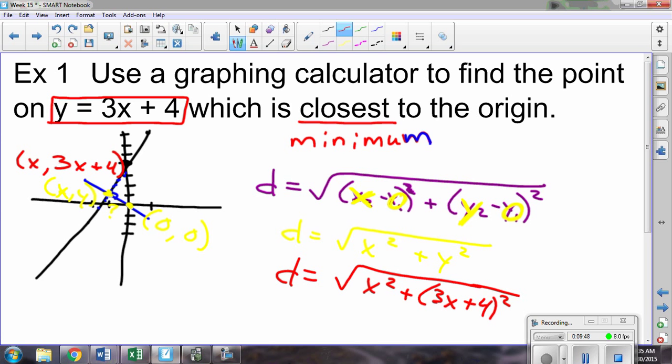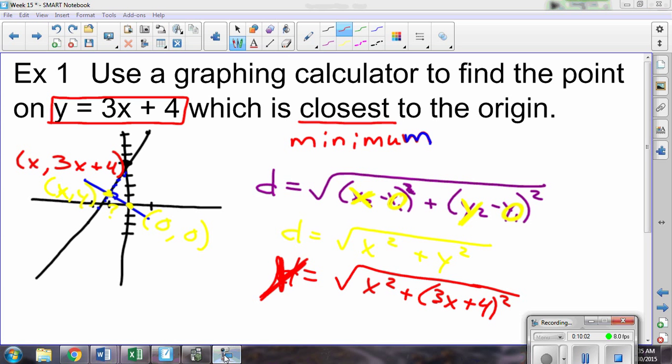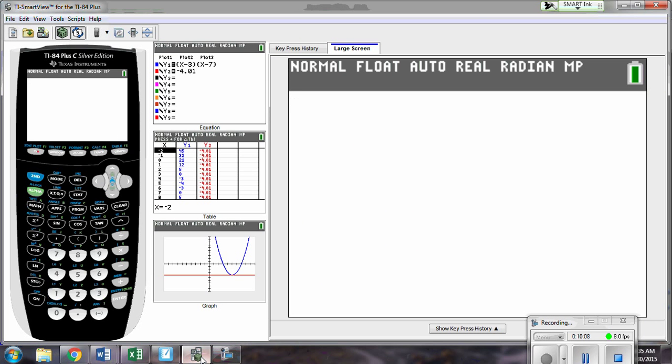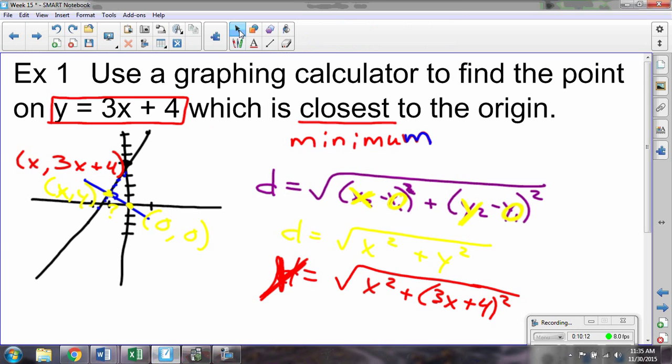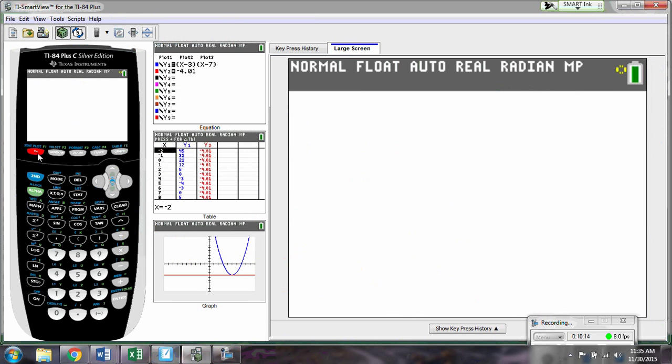Of course, we know that the calculator does not accept equations of the form d equals. It'll actually be y equals, but this is what we can put into our calculator. So grab your calculators and do it. Switch this over. Oh, man, I forgot to switch that over to y.